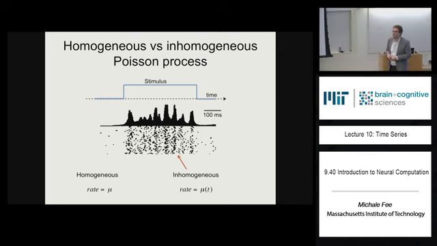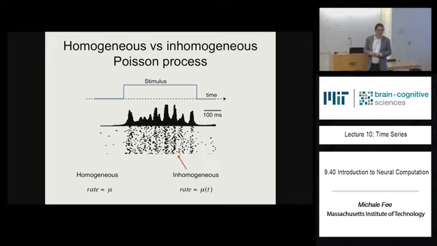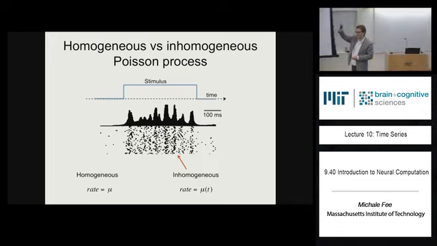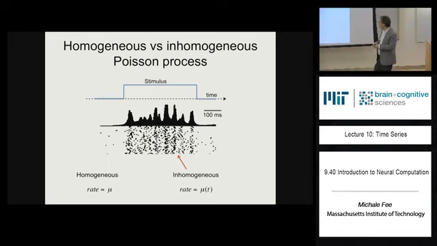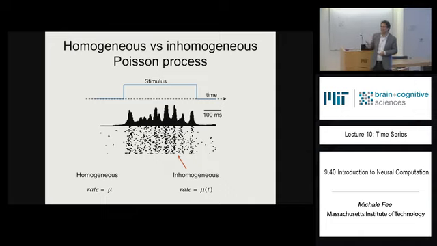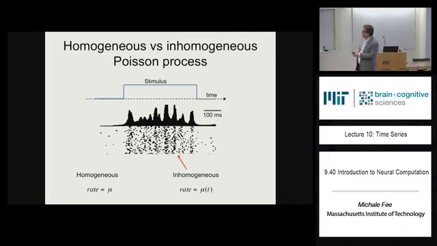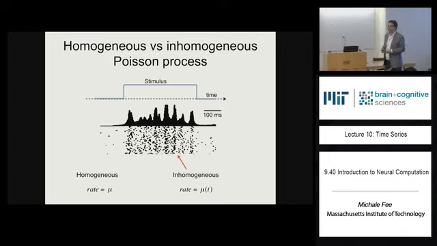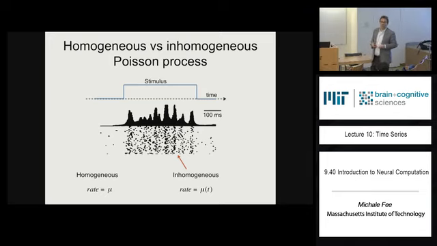Most neurons don't do that, because there's information carried in the fluctuation of the firing rate, so most neurons behave more like an inhomogeneous Poisson process, where the rate is actually fluctuating in time. The example we were looking at before shows you what an inhomogeneous Poisson process looks like.